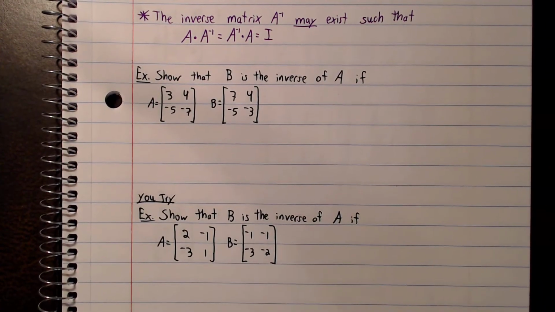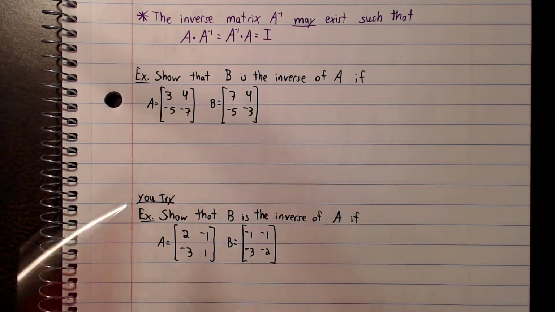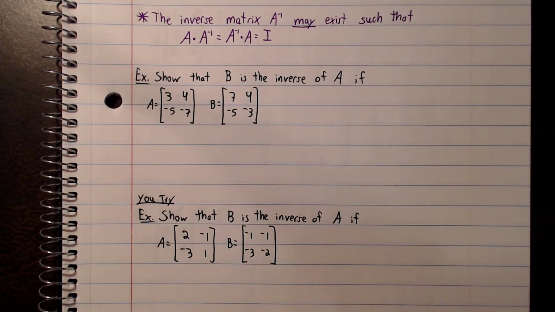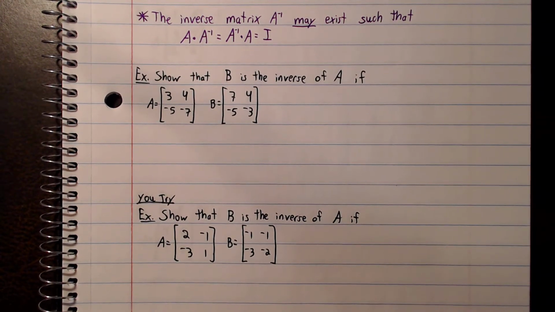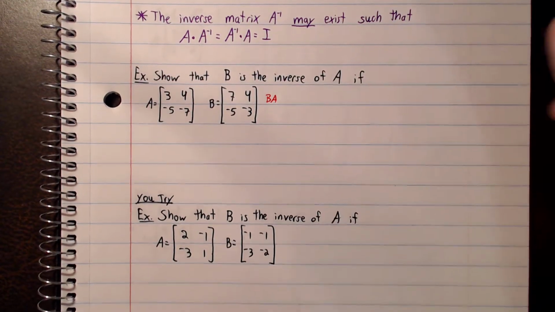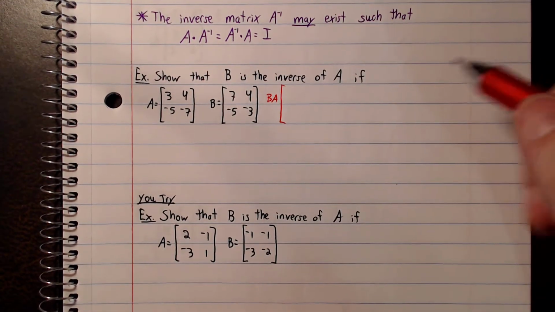We want to show that B is the inverse of A, and they give us these two matrices for A and B. So we've got to multiply. If you remember from last lesson, multiplying is not the fastest operation ever. It takes a couple of seconds to do it. So let's do that out.